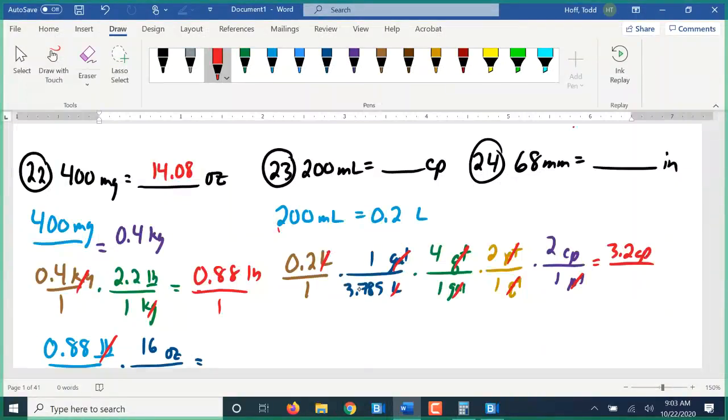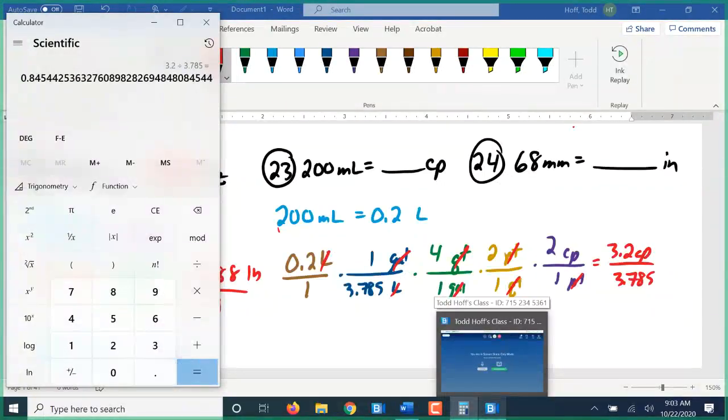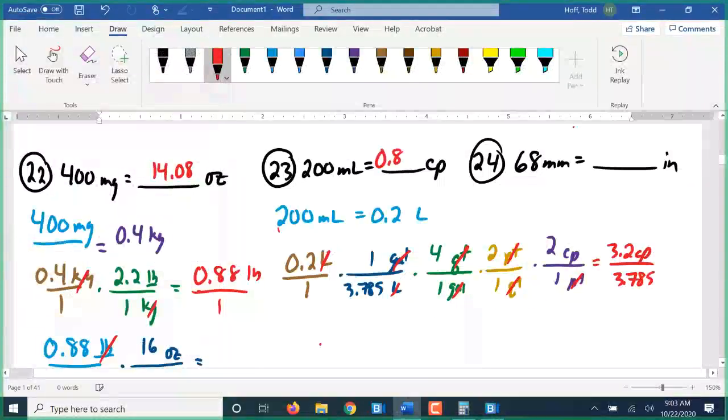Over on bottom here, I have 3.785 times 1, so it's just 3.785. 3.2 divided by 3.785 gives us 0.85 cups.